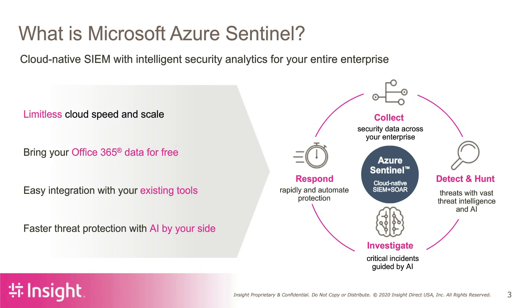So again, when we talk about that signal to noise ratio, making sure that what you have in a security information and events management platform is actionable insights and intelligence about the threats in your environment, as opposed to just a lot of alerts.